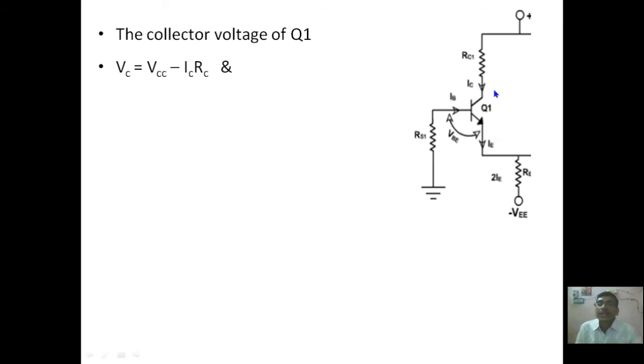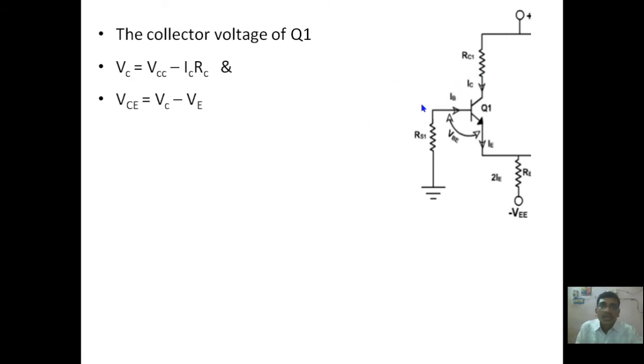Here VC is equal to the applied voltage VCC minus the drop in this resistor, so VCC minus IC into RC. Instead of RC1 we are directly writing RC because these two sections are identical: RC1 is equal to RC2 is equal to RC only, and similarly RS1 is equal to RS2 is equal to RS only. That's why instead of 1 or 2 we can directly write RC.